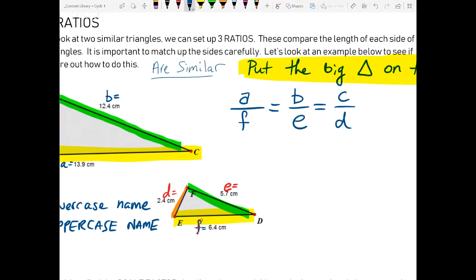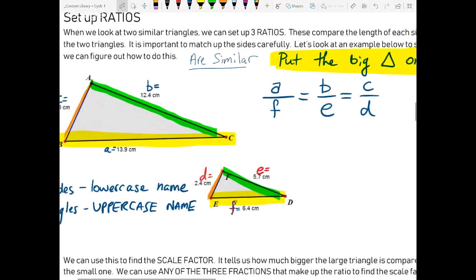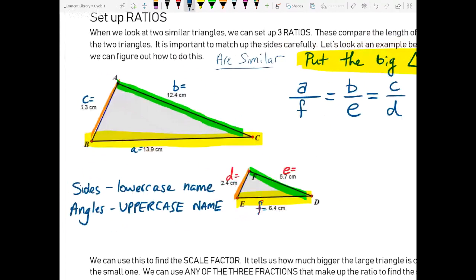Now, if I wanted to actually know what this ratio is, I could put the numbers in here. What is A? 13.9. What is F? Very good. What is B? Very good.